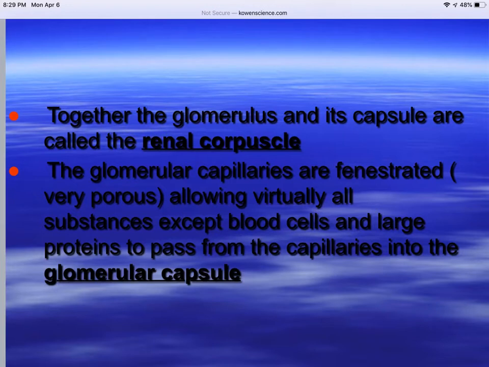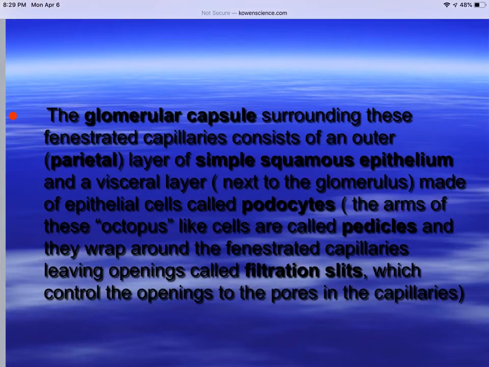The glomerular capillaries are fenestrated, meaning they're very porous. They're going to allow substances except blood cells and very large proteins to pass from the capillaries into the glomerular capsule. This is going to allow them to pass through those tubules, to have the waste being separated and the reusable material that the body can use to be reabsorbed.